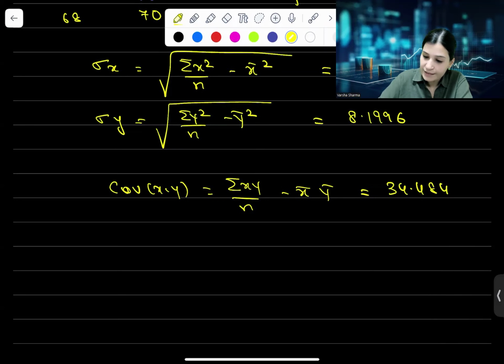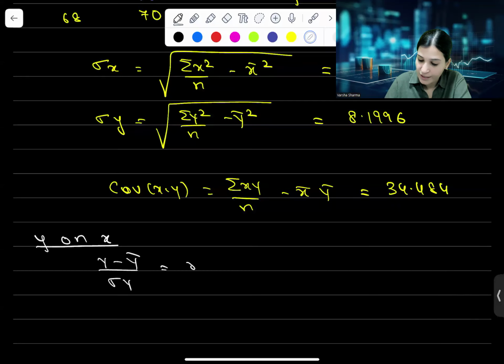So, line y on x. The formula was y minus y bar equals r times standard deviation of y over standard deviation of x, times x minus x bar.